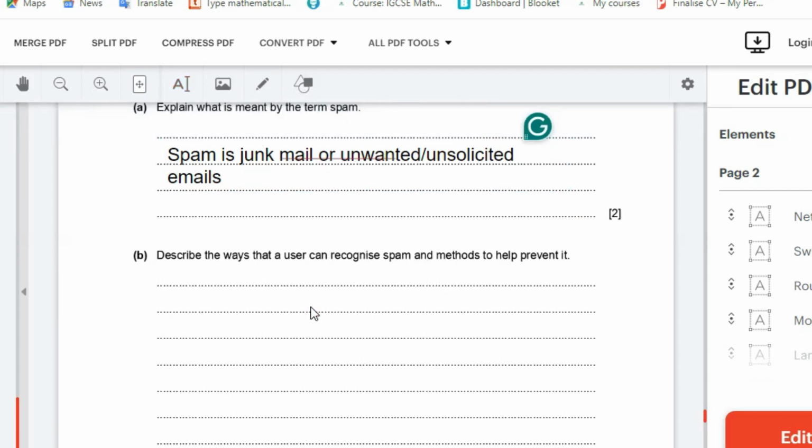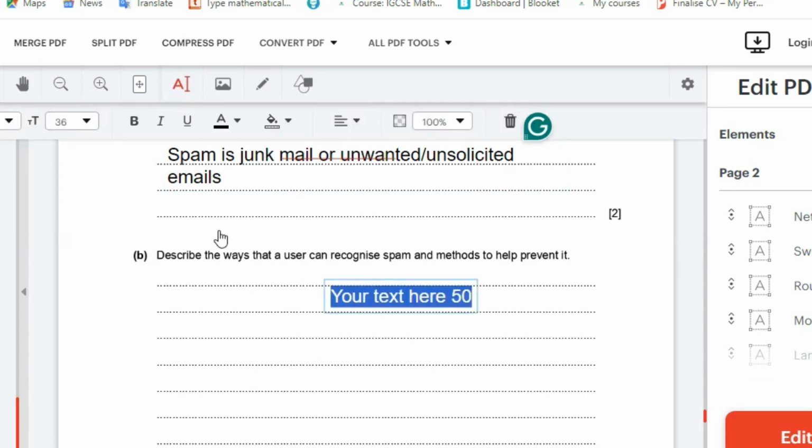Question 14b now says, describe the ways that a user can recognize spam and methods to help prevent it. Let's first talk about ways by which you can recognize spam. 1.